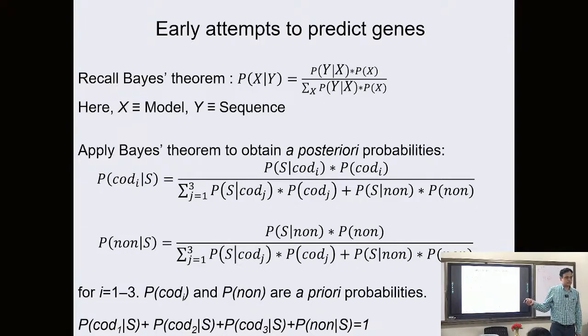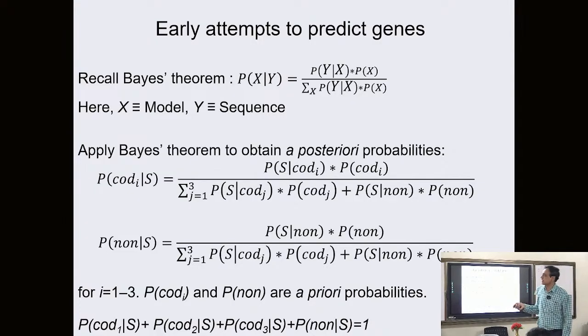So let's say X is the model and Y is the sequence. Then the probability of a model given the sequence, given the evidence, is equal to the probability of the sequence given the model multiplied by the probability of the model, divided by the sum over all models of the probability of the sequence given the model times the probability of the model.